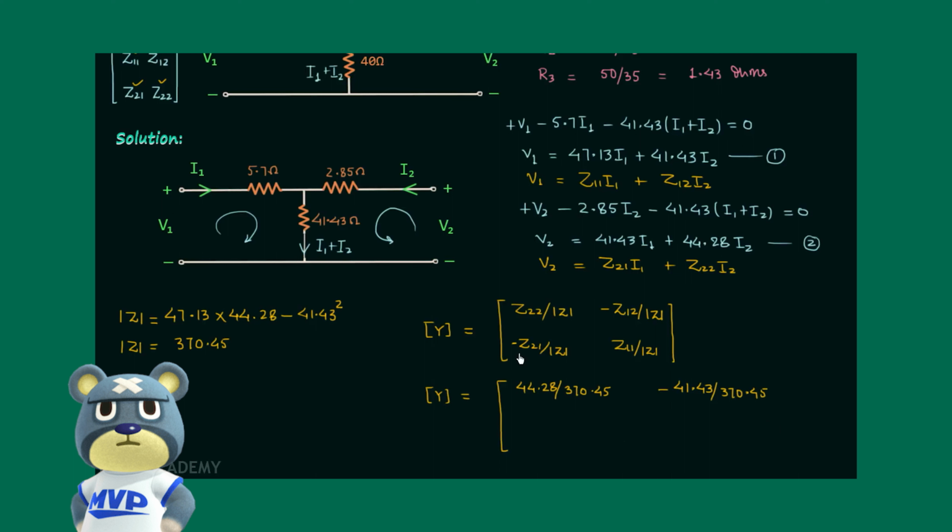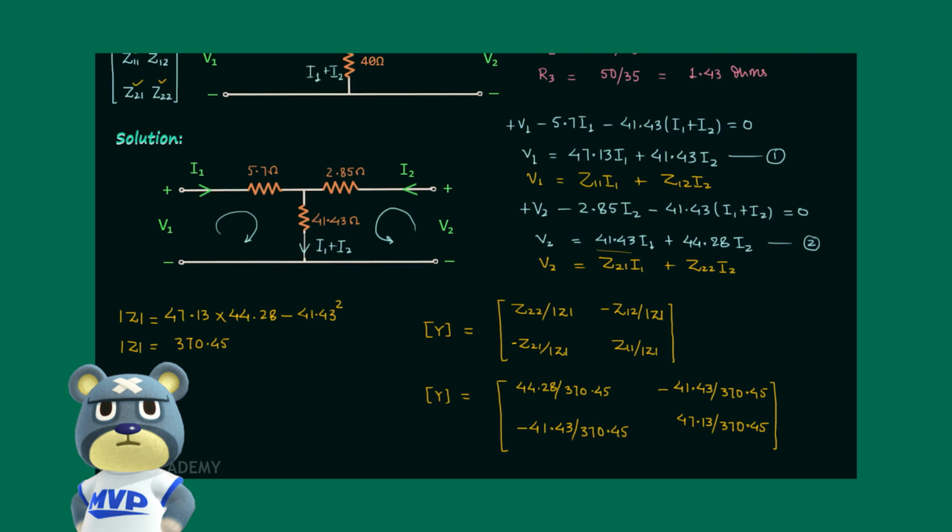After this we have minus Z21 divided by the determinant, and Z21 is equal to 41.43. So we have minus 41.43 divided by 370.45, and then we have Z11 divided by the determinant. Z11 is 47.13. So we have 47.13 divided by 370.45. Now take out your calculator and solve it.